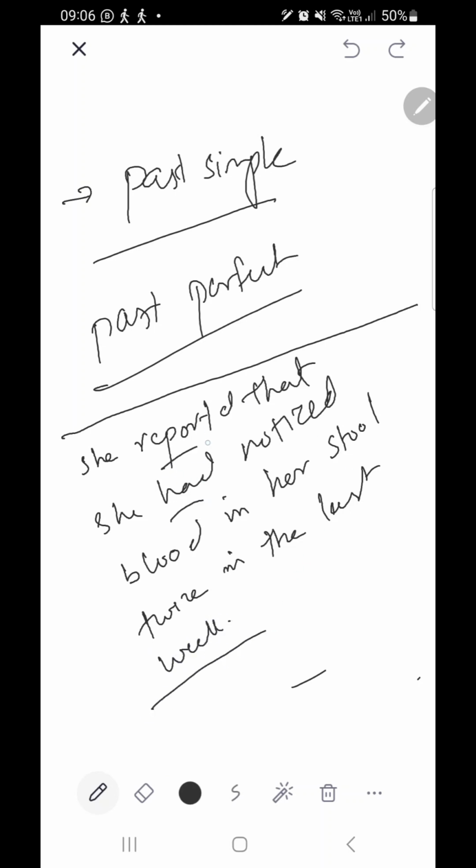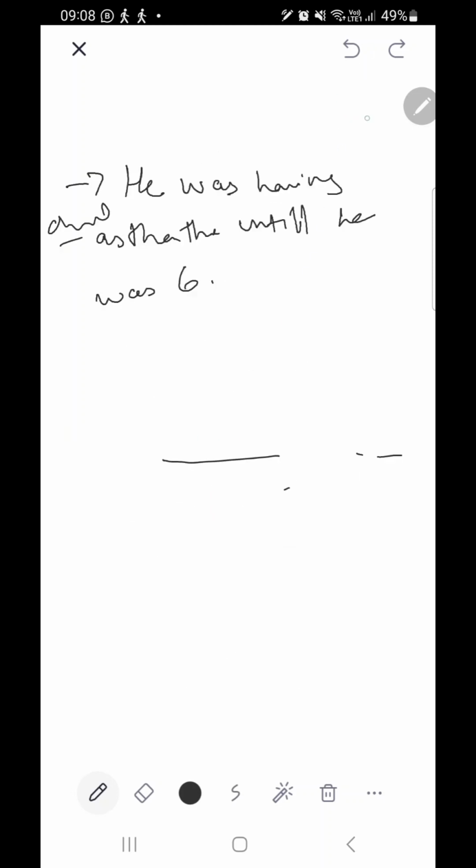So we can use the past simple and present perfect together. Okay, we can use the past simple with the present simple tense, present perfect tense.